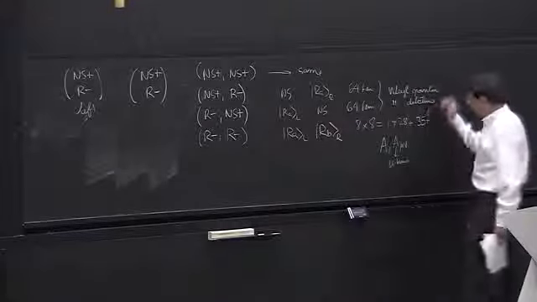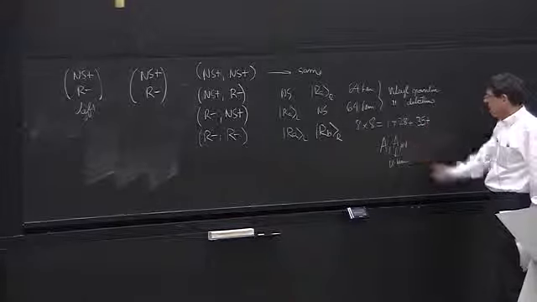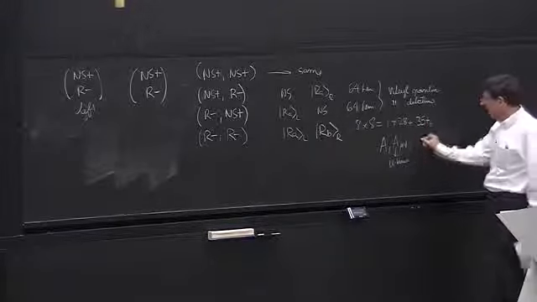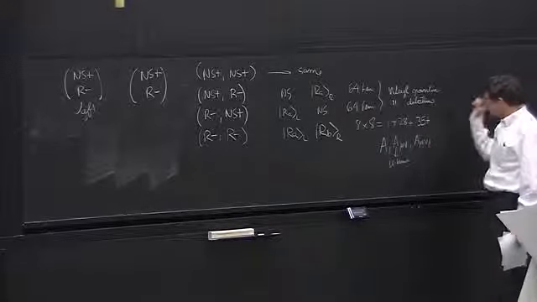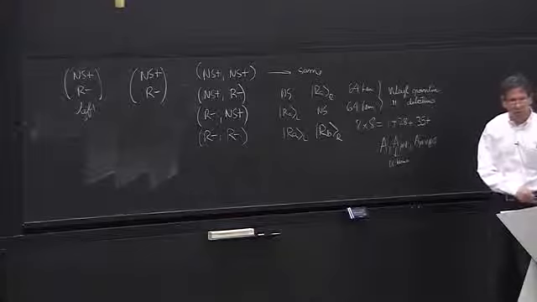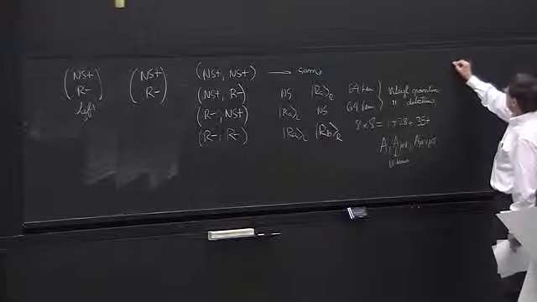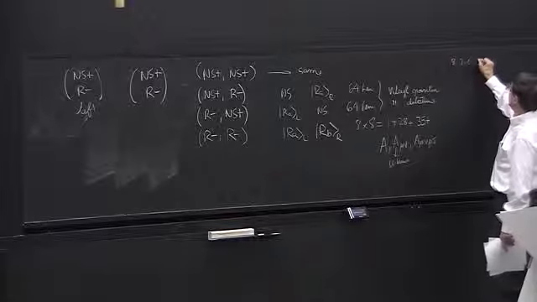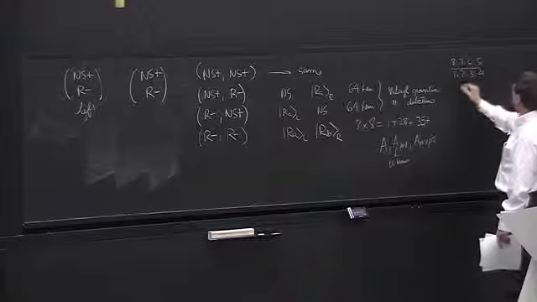Now what could be a 35 plus, it's exotic. What could be a 35 plus is the A mu nu rho sigma, 4 indices. Do we get 35? No. You get 8 times 7 times 6 times 5 over 1 times 2 times 3 times 4.